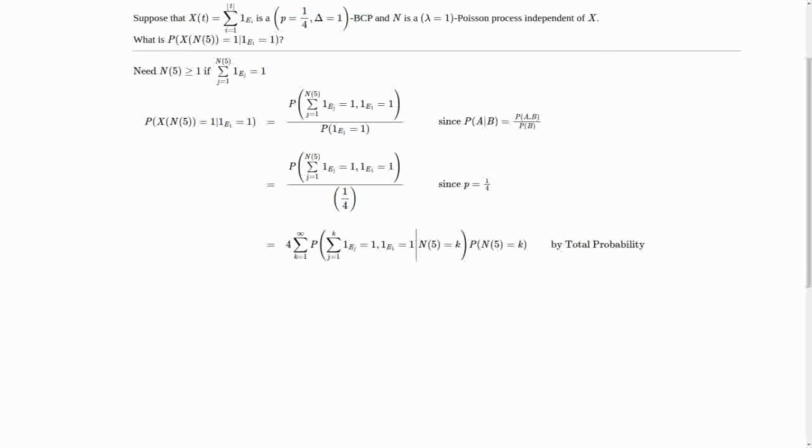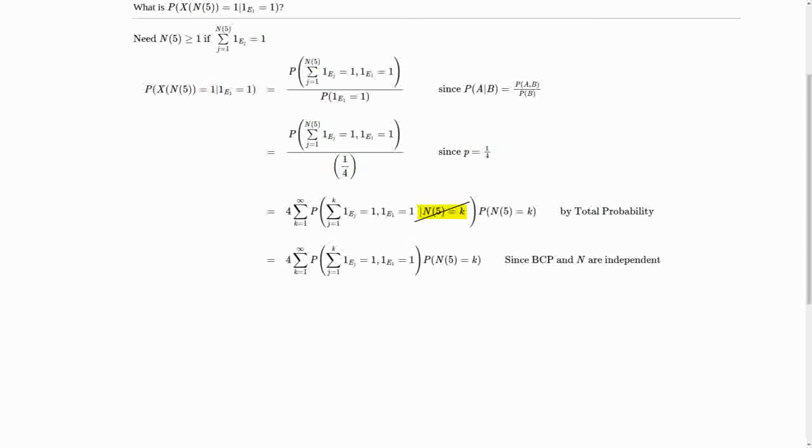So we can leave the 4 alone, and we can expand the numerator out over the number of trials the Poisson random variable is going to give us, i.e. we can sum k from 1 of the probability of the summation j equals 1 up to k, so we're substituting k for N_5, of the 1_{E_j} being equal to 1 and 1_{E_1} being equal to 1, given N_5 is equal to k, times the probability N_5 is equal to k.